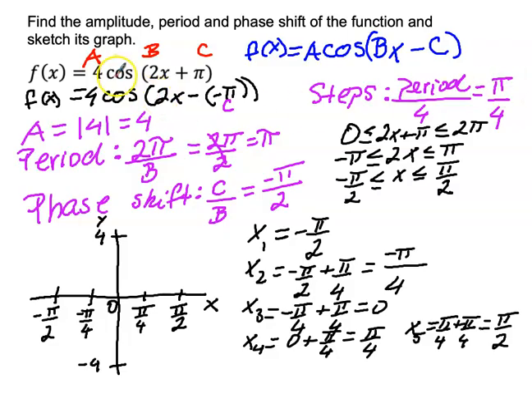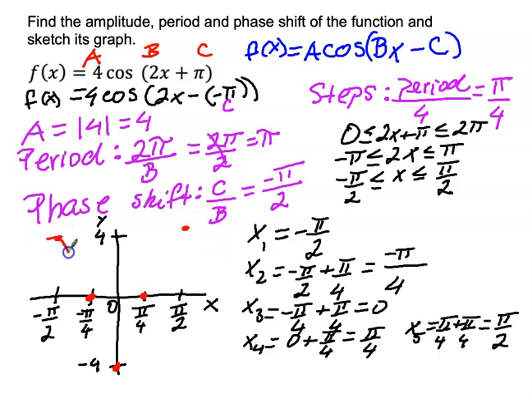Again, this is a cosine function, so the cosine function starts on the top, unlike the sine function, which will start at 0. And since the function has moved, we're going to start at negative pi over 2, go down to negative 4 at negative pi over 4, go back up to 0 at pi over 4, and end at pi over 2.